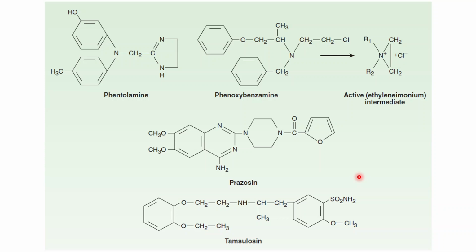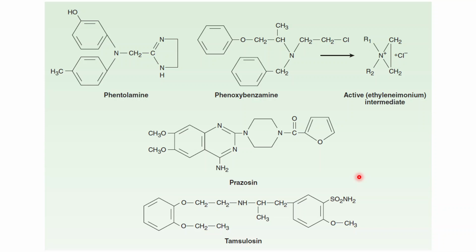Evidence suggests that tamsulosin has relatively greater potency in inhibiting contraction in prostate smooth muscle versus vascular smooth muscle compared with the other alpha-1 selective antagonists. The drug's efficacy in benign prostatic hyperplasia suggests that the alpha-1A subtype may be the most important alpha subtype mediating prostate smooth muscle contraction.